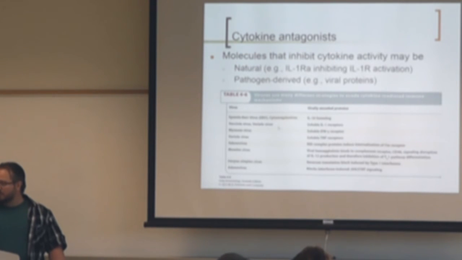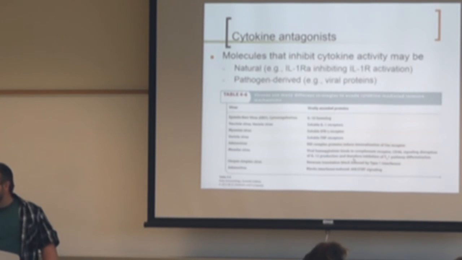These are things that these viruses have developed to antagonize either the receptor or the cytokine itself. We can use these to our advantage, or the viruses can use them to their advantage.